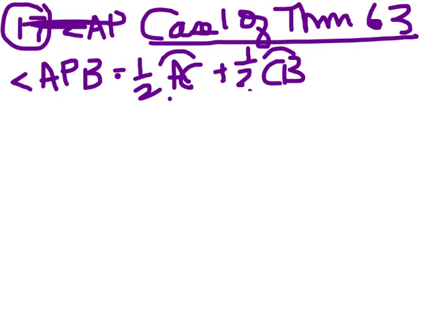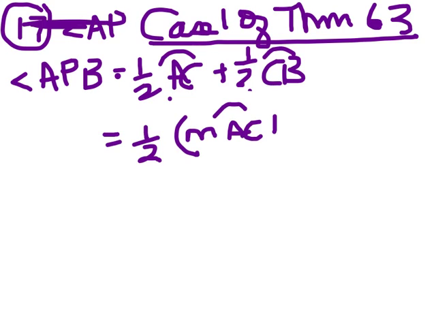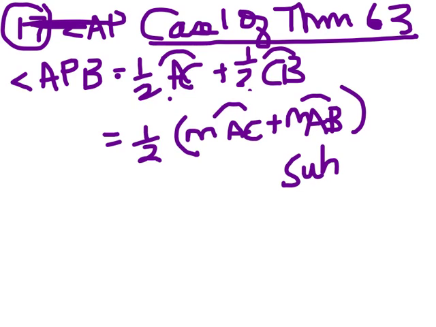And so it's also equal to half of measure arc AC plus measure arc CB. They're just factoring out the half then. And that's true from substitution.